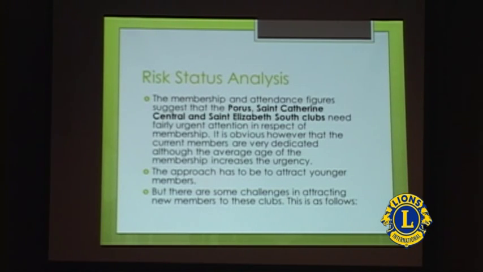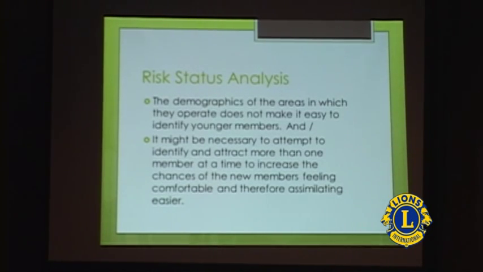The approach has been to attract younger members, but there are some challenges in attracting new members. This is as follows. The demographics of the area in which they operate does not make it easy to identify younger members, or it might be necessary to attempt to identify and attract more than 1 member at a time to increase the chances of the new members feeling comfortable and therefore assimilating easier.